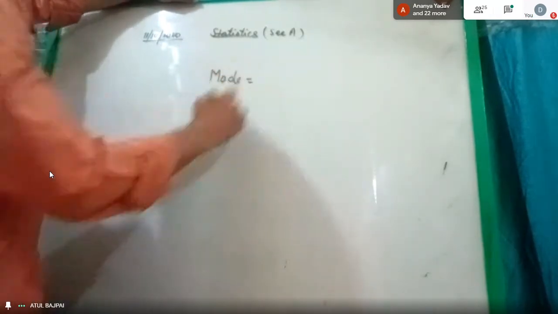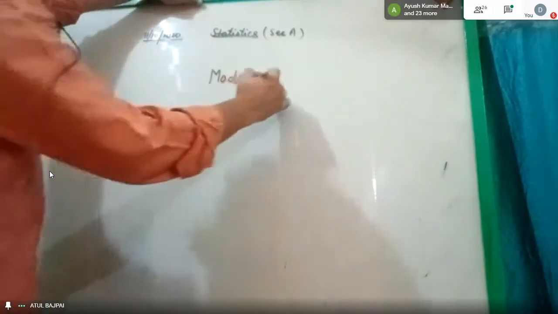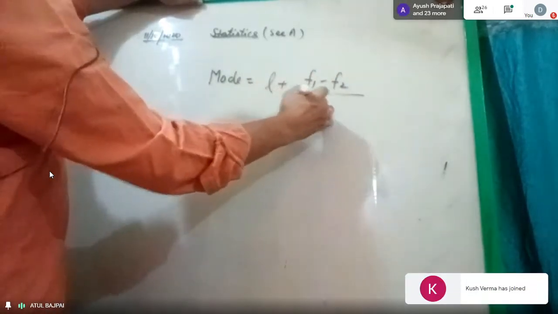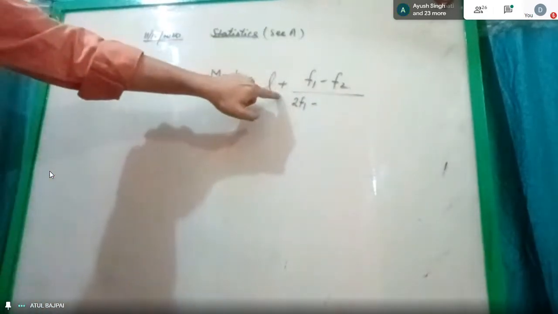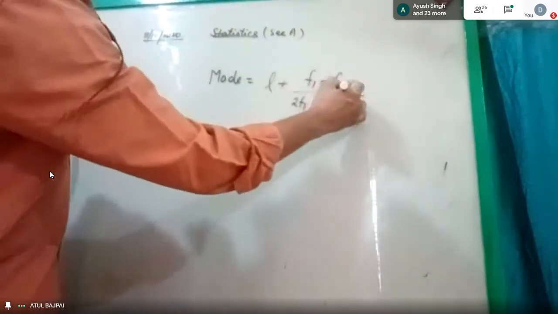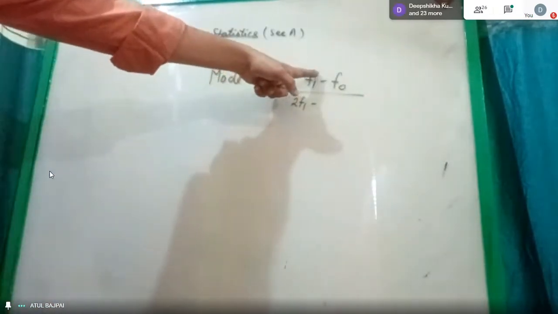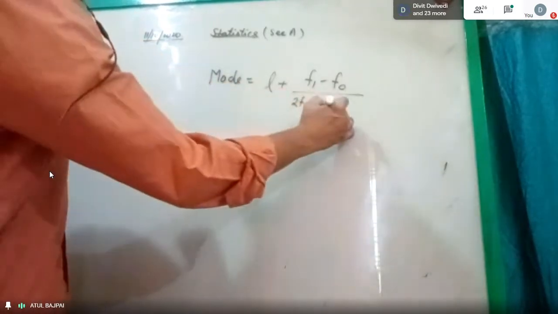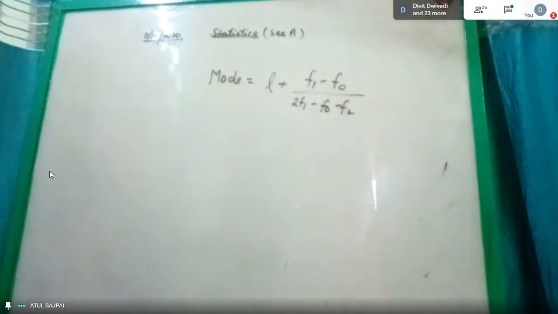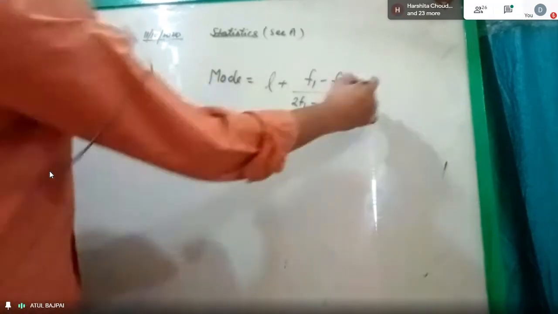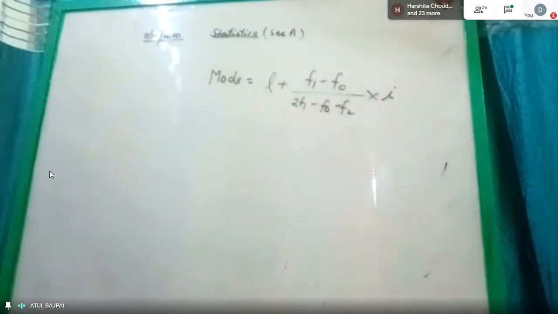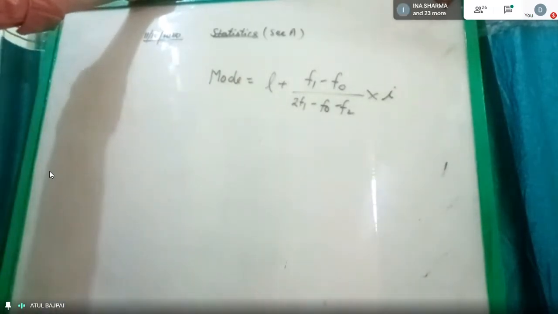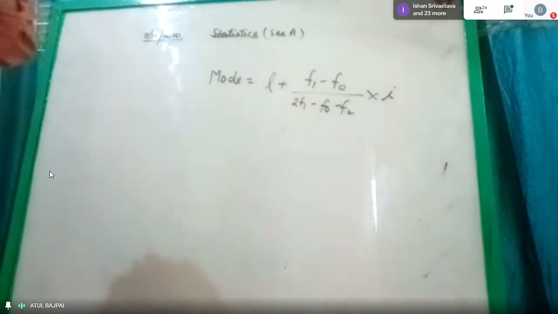Mode is L plus (f1 minus f0) divided by (2f1 minus f0 minus f2), into I, the class interval. I am not using C. In your book they give small c and capital C: capital C is for cumulative frequency, small c is for class center. To avoid confusion, I am using I.